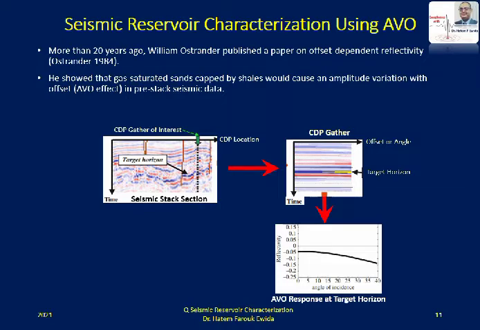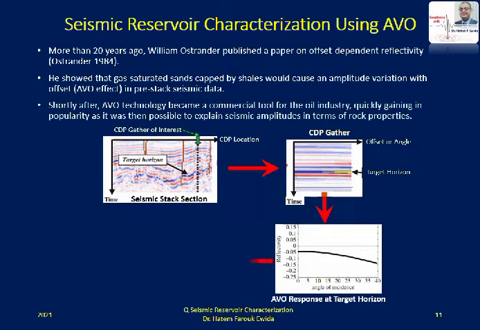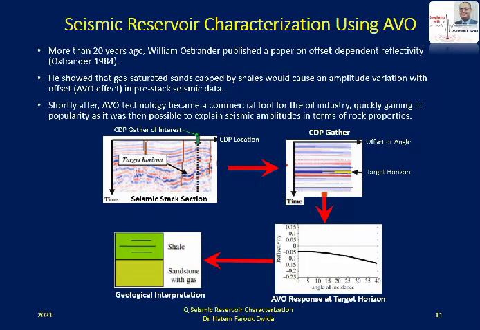Also, when AVO technology became a commercial tool in the industry, it was used to find the relation between the amplitude and the rock properties, from just the seismic.